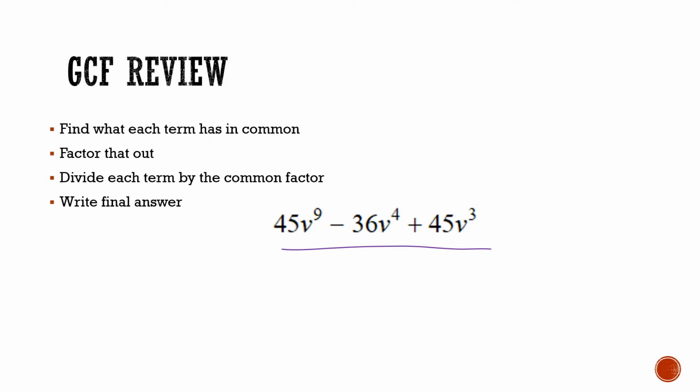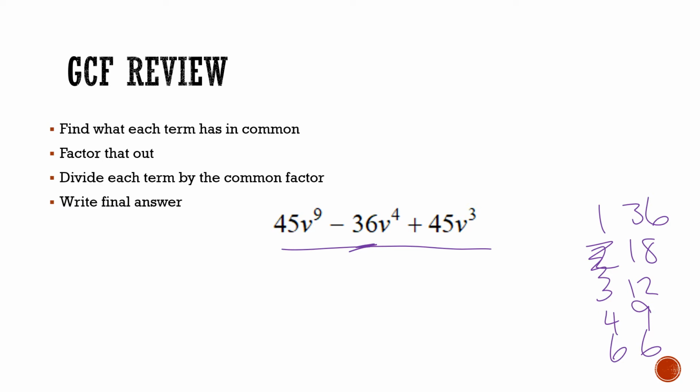Okay, so I like to go to my smallest number, so that would be 36, and think of its factors. So like 1 and 36, 2 and 18, 3 and 12, 4 and 9, 6 and 6. Okay, so if I think about those numbers there and 45, I know that 2 doesn't go into 45, so that's out. 3 does go into 45.